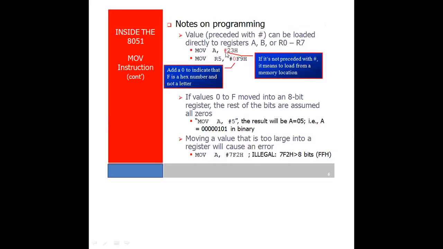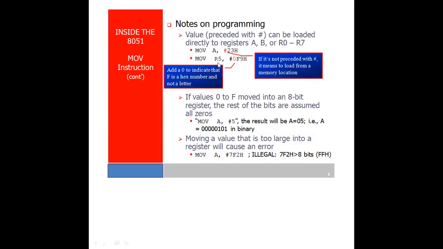If the instruction we write is MOV A, only 23 hex, it will be treated as an address, meaning from this location the data will be copied inside the accumulator. So if I place the hash symbol, it will be immediate data. If I do not specify the hash symbol, then it will be treated as the address location from where the data will be copied inside the accumulator.